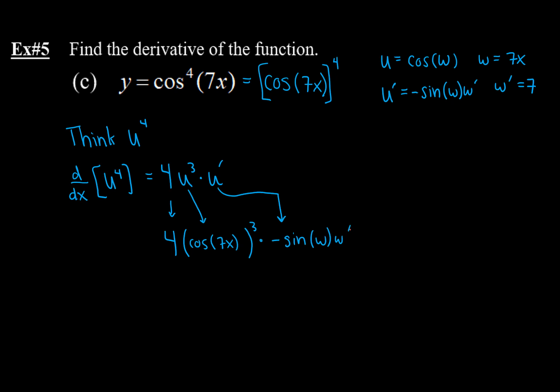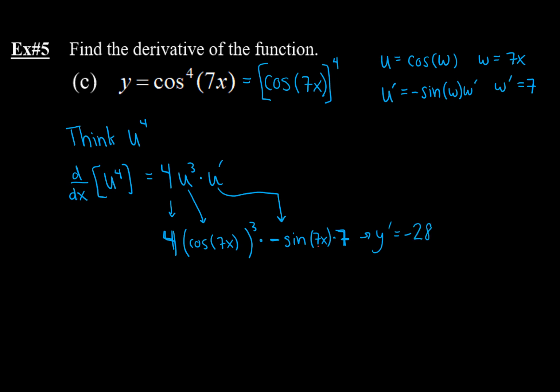But remember that w is 7x, and that w prime is 7. So what I end up getting for y prime is, and if I combine my stuff here, I've got a negative and I've got a 4, so I'm going to put a negative 4 in the front. And then I'm going to do my lower, oh, darn it, I forgot the 7. I got a negative, a 4, and a 7, so this really is negative 28.